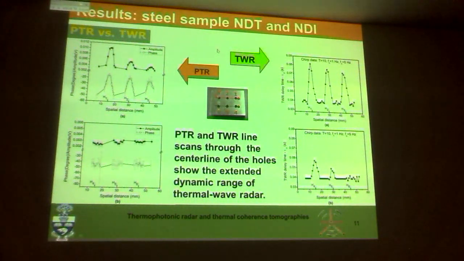But it also has to be high enough so that there's enough of a signal coming out to the surface for the rest of the sample, for the rest of the holes. Because if it is too high, then you're going to miss some of that. If it is too low, then you're going to miss the entire thing because the resolution is really low. So it has to be somewhere in between.